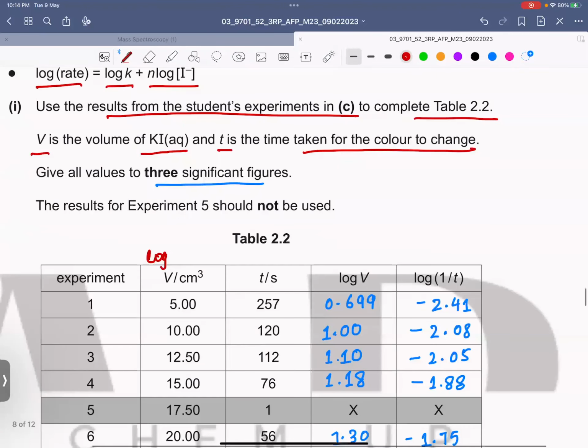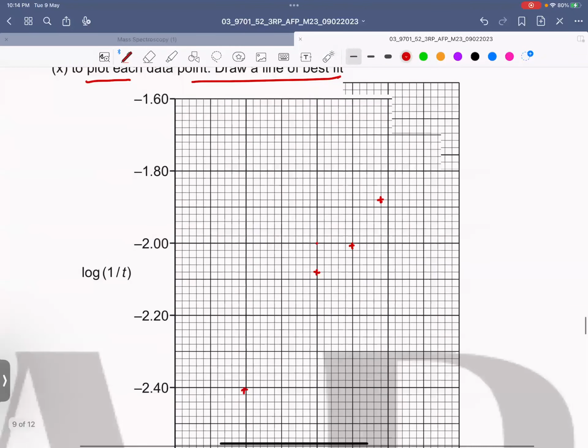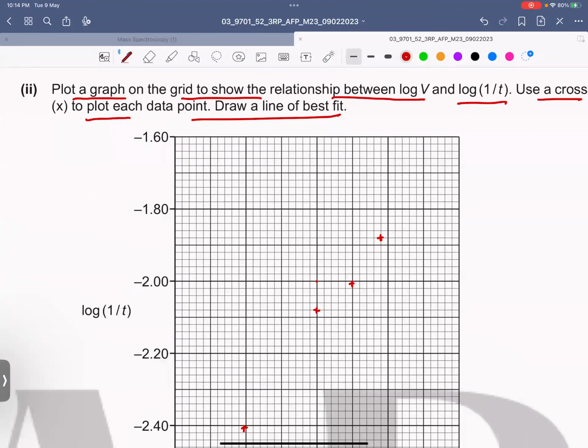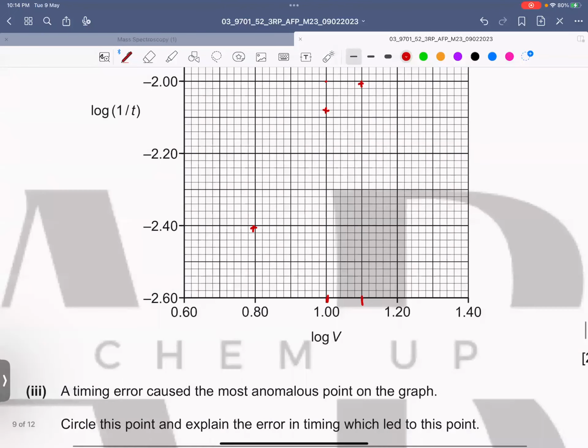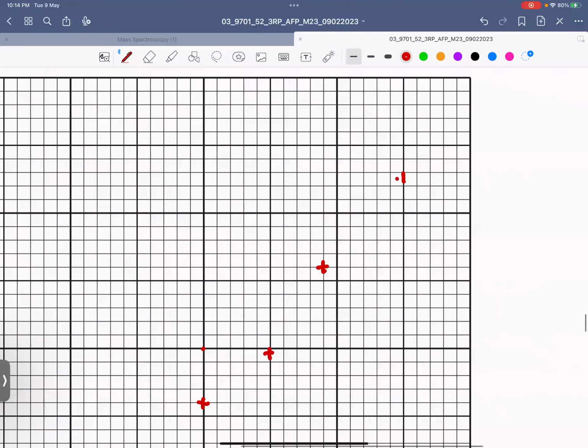Then 1.3 and minus 1.75, which would be over here.